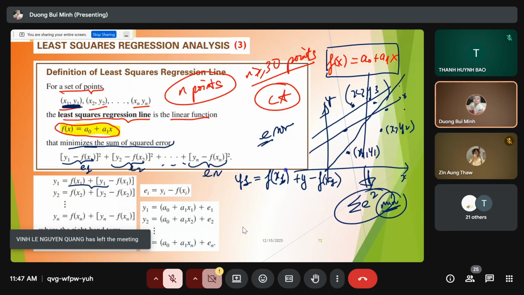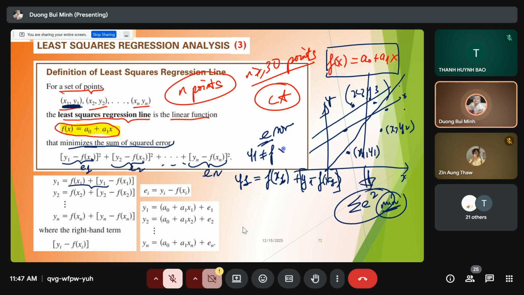Now I put this together, because actually y1 will be different from f(x1). If y1 is different from f(x1), that means y1 minus f(x1) is the error e1.